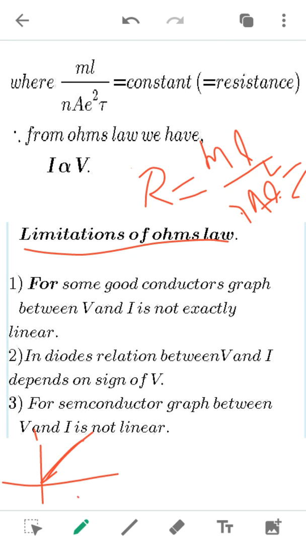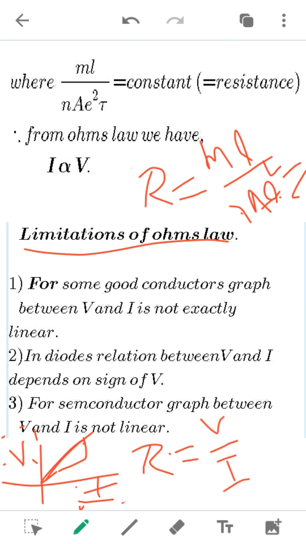If we take the x-axis as V and the y-axis as I, or we can take the y-axis as V and the x-axis as I, the slope will give R equal to V by I. Wherever you take the slope, the ratio between V and I will be constant.